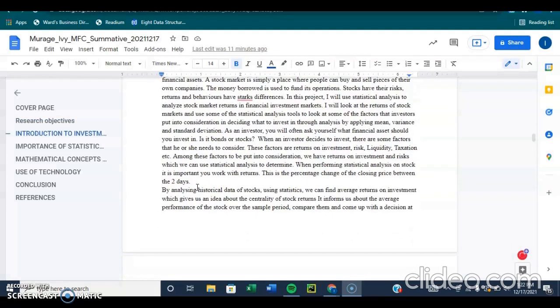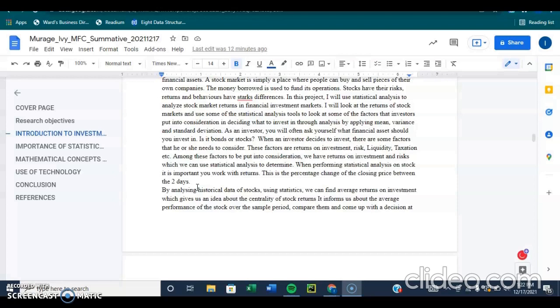As an analyst or an investor, there are things you have to consider before deciding, okay, I'm going to invest in stocks or I'm going to invest in bonds. Some of those factors are returns on investment, which are the percentage change of the closing prices of 2 days.